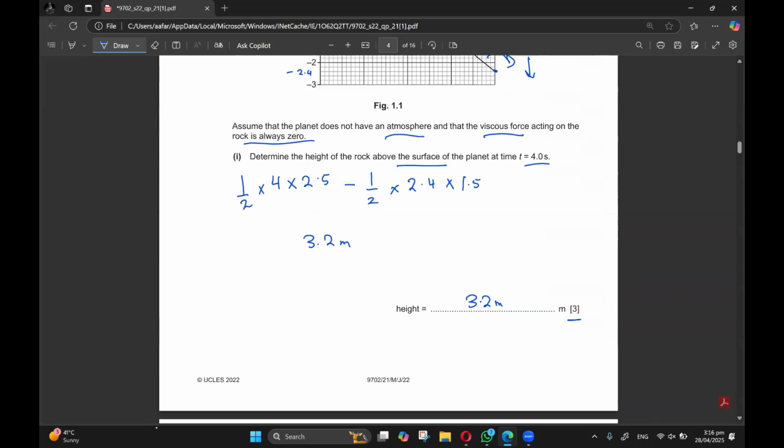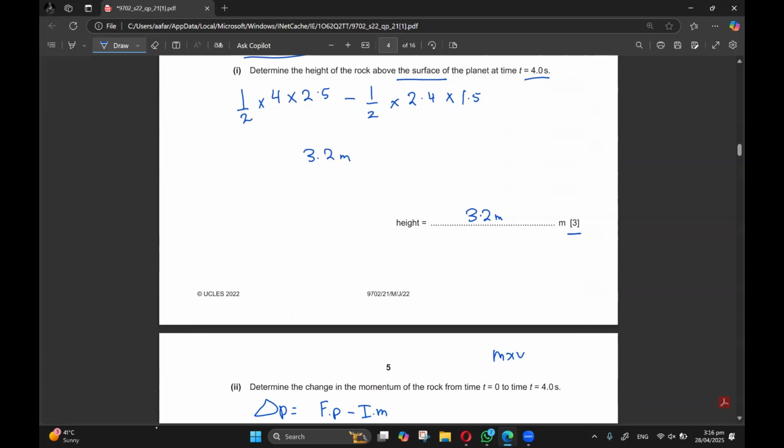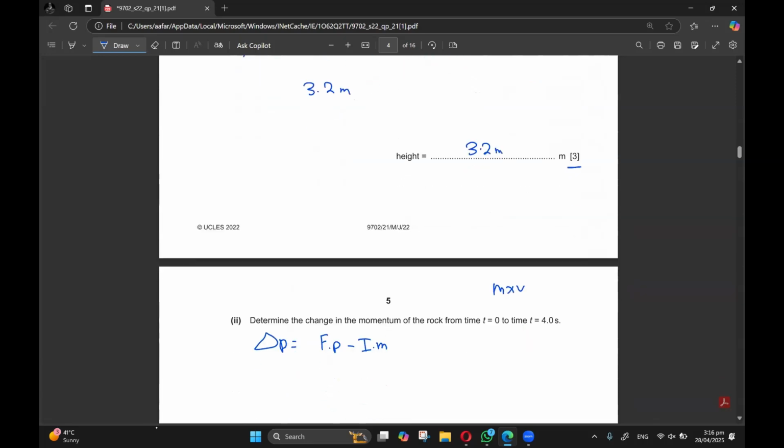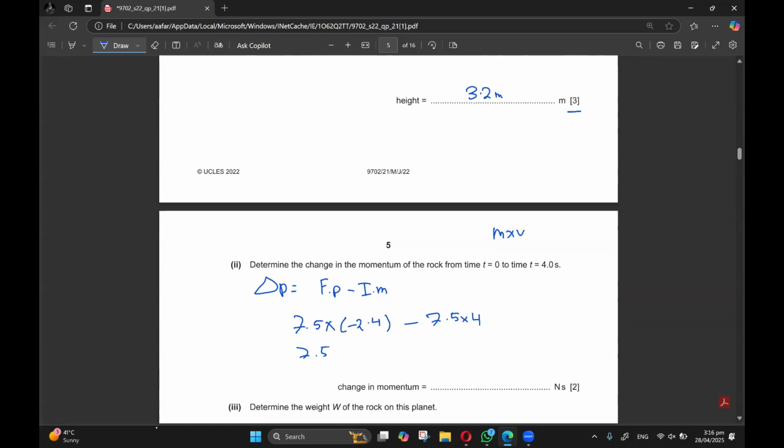For final momentum, we take the downward direction as negative. So final momentum is mass, which is 7.5 kg, into negative 2.4, and then minus initial momentum, which is 7.5 into 4. So we take 7.5 common, and negative 2.4 minus 4.